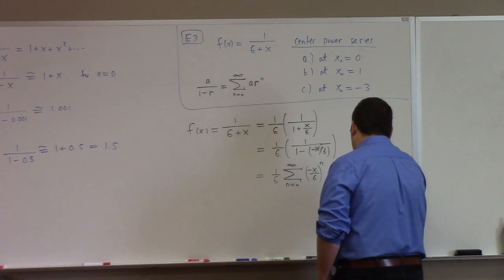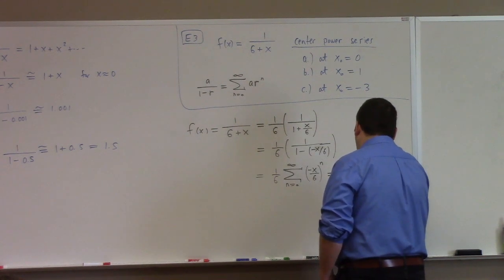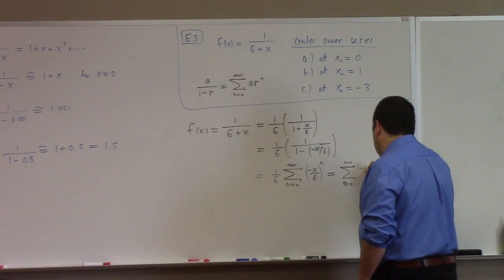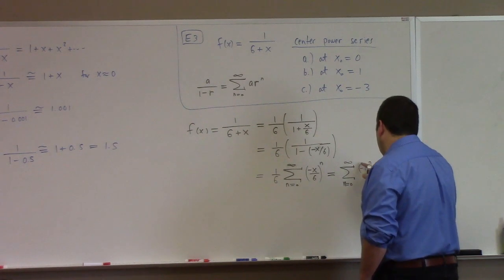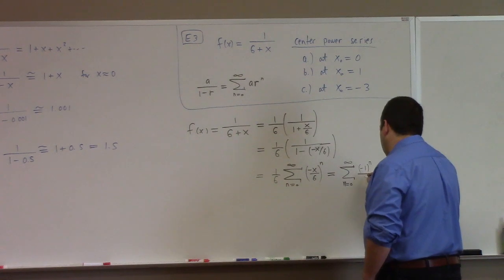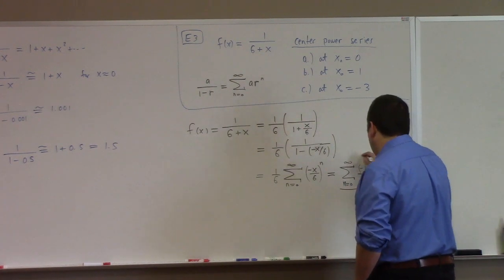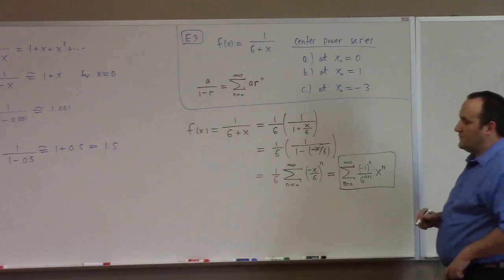That's the sum, n equals 0 to infinity, of minus 1 to the n, divided by 6 to the n plus 1, and that's all times x to the n. And there you go. That is the power series centered at 0 for this function.